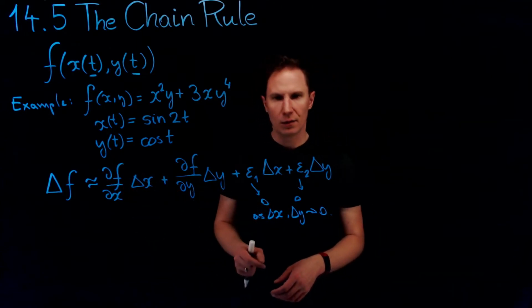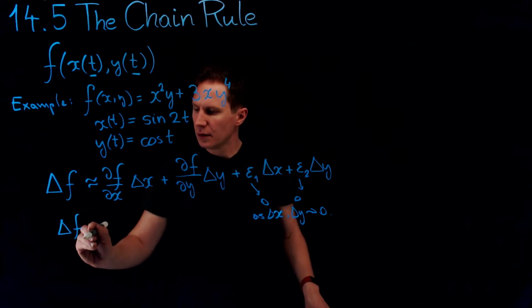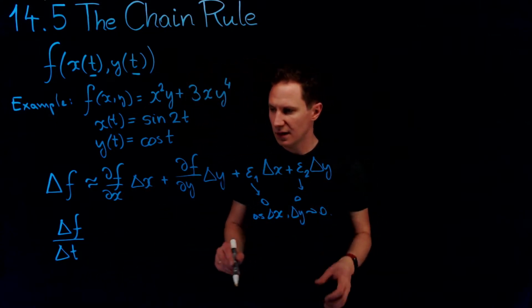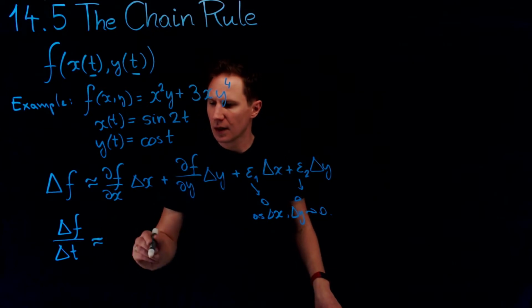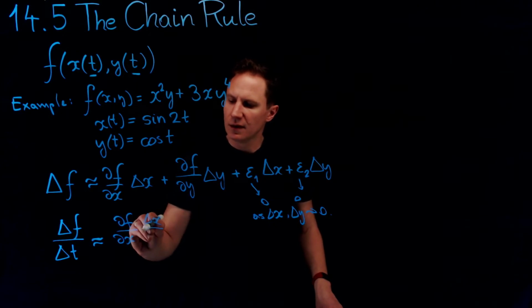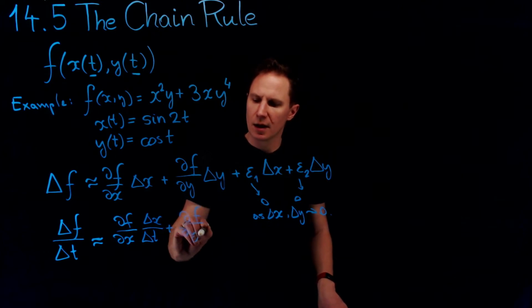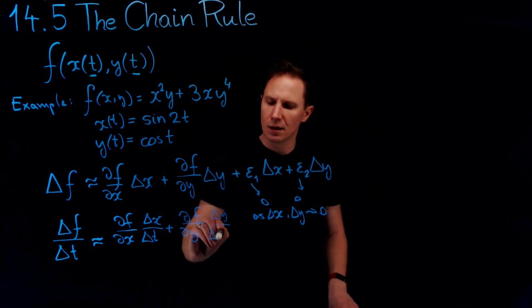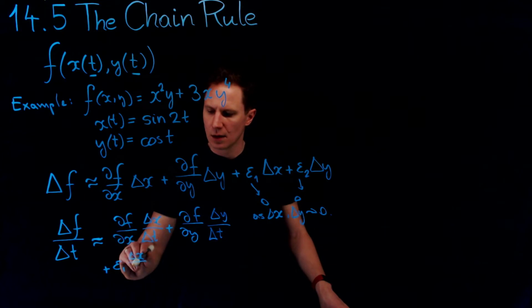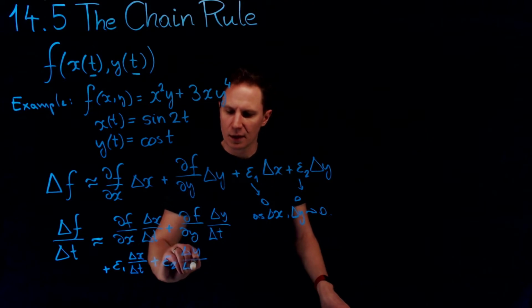Once we have this approximation to the change in the value of the function, we can look at the ratio delta f over delta t, and that will roughly give us the partial derivative with respect to x times dx over dt plus the partial derivative with respect to y times dy over dt plus epsilon 1 times dx over dt plus epsilon 2 times dy over dt.